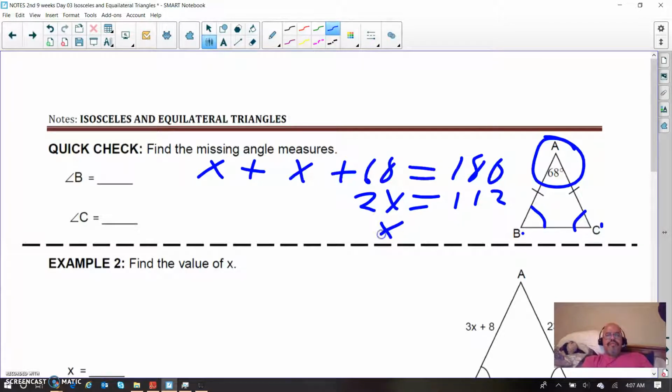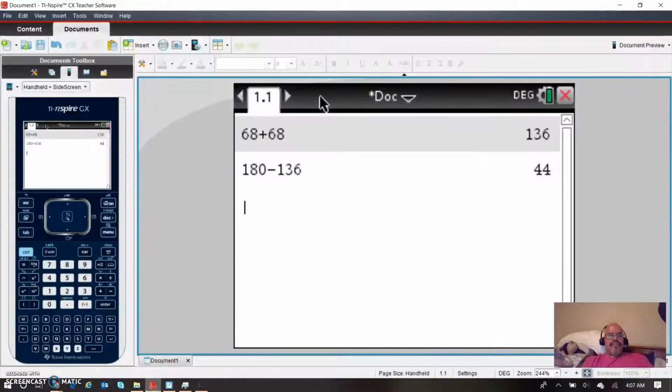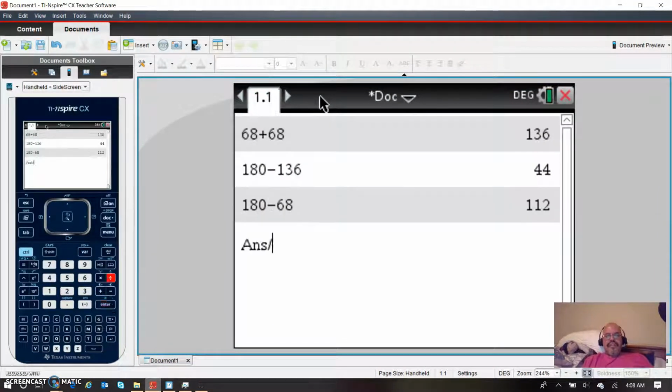Divide both sides by 2. That gives us 56 degrees. So B and C are both 56 degrees. Let me make sure with a quick check: 180 minus 68 divided by 2. Yeah, 56.